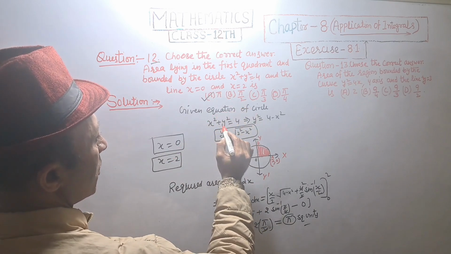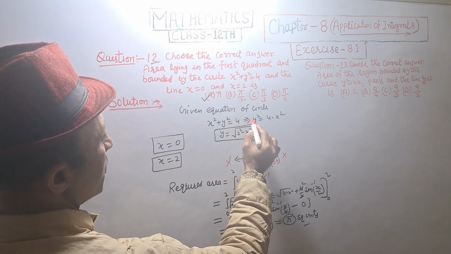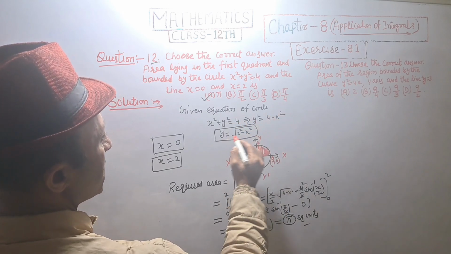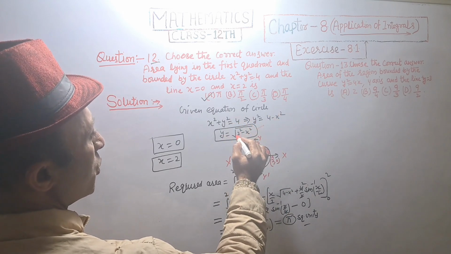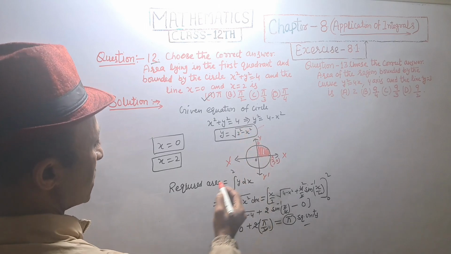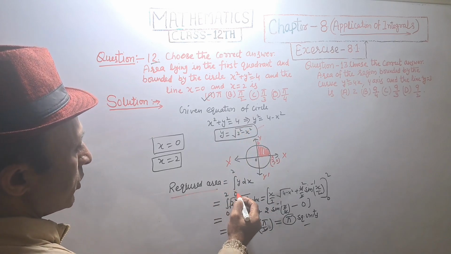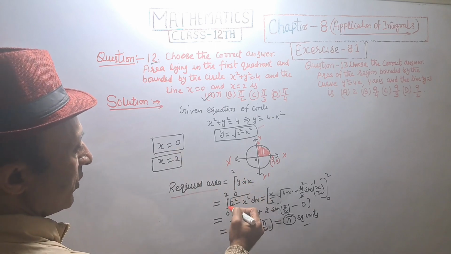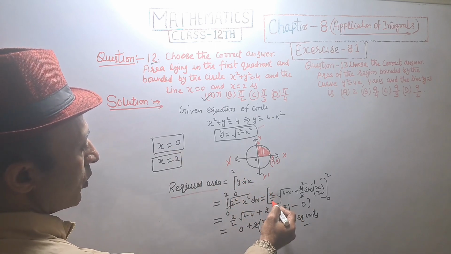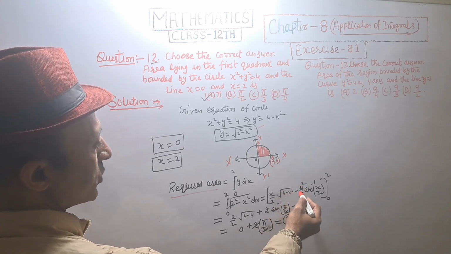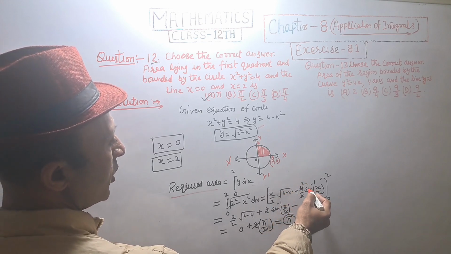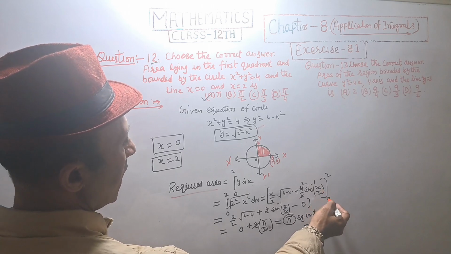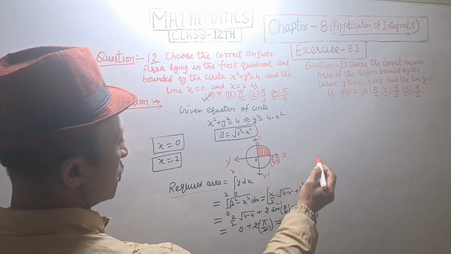Given equation of circle x square plus y square equal to 4 and y square is equal to 4 minus x square, y is equal to root 2 square minus x square, and required area is equal to 0 to 2 y dx, and we are using the formula x upon 2 into root a square minus x square plus a square upon 2 into sine inverse x upon a, and limit lies 0 to 2.